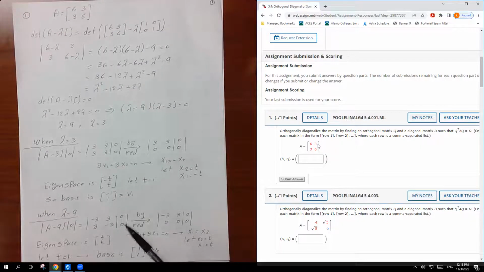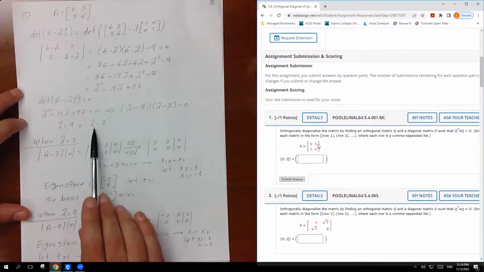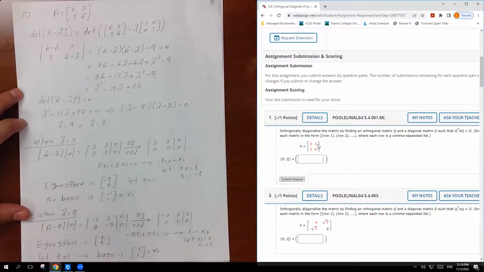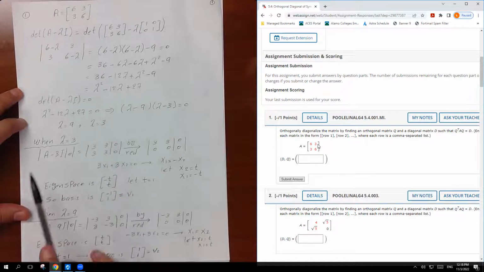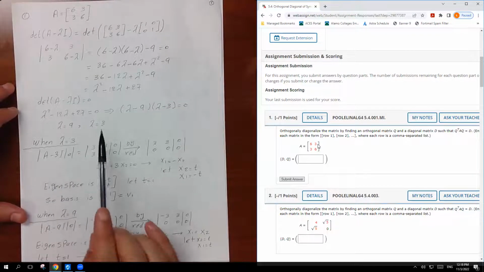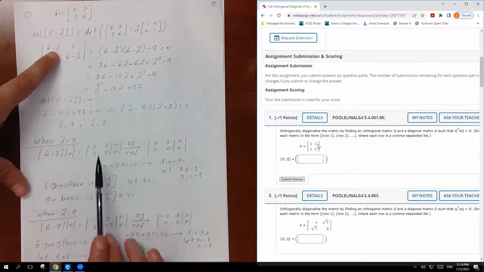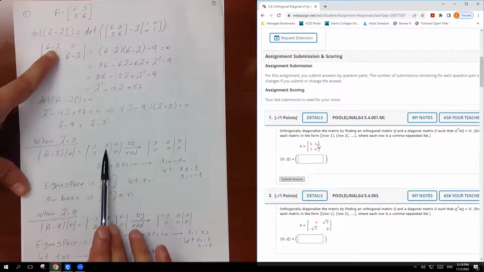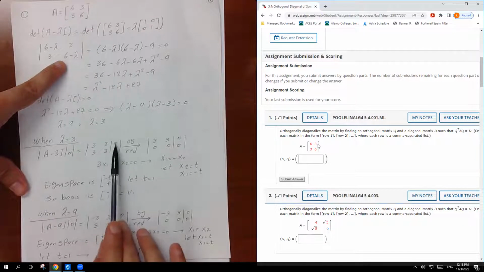This is the first step to find the eigenvalues and eigenvectors. I'm going to start with the smallest eigenvalue. So when lambda equals 3, the determinant of A minus 3I, that means we plug in 3 here. So 6 minus 3 is going to be 3. Here is a 3, 3, and 6 minus 3 is going to be 3, with 0, 0.